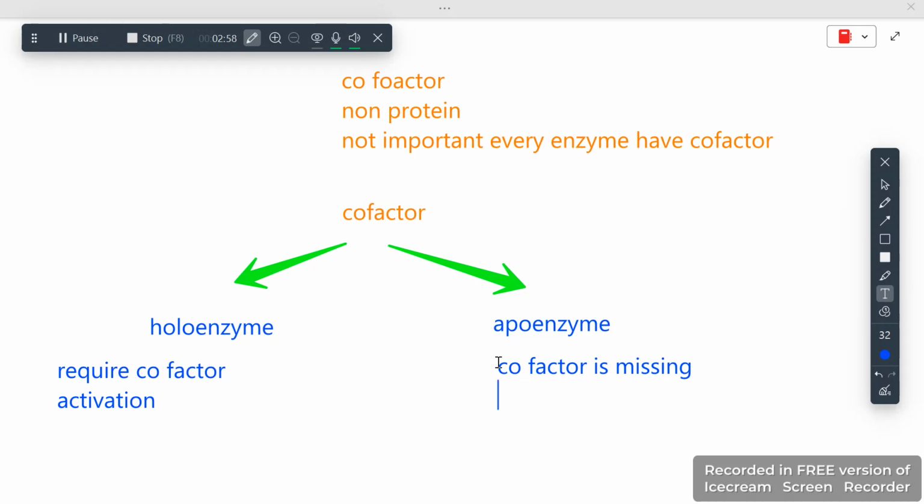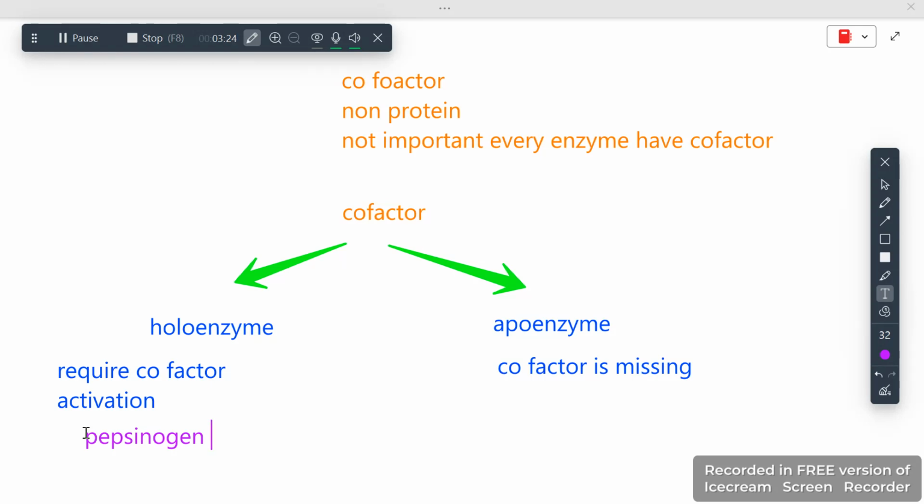And now an example of holoenzyme. The example is pepsinogen, which is present in our stomach in the inactive form.